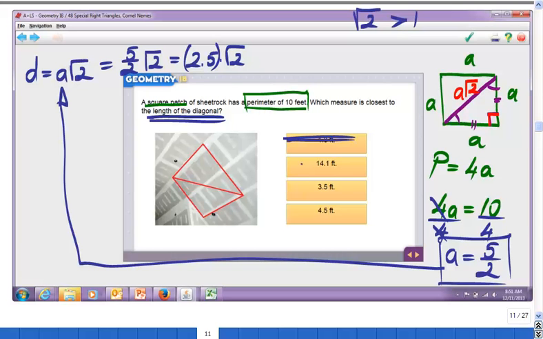That's too big, right? Can it be 4.5? Well, I believe not, and I'm sure that it is not 4.5. Better be 3.5, okay? Because square root 2 is definitely less than 1.5.